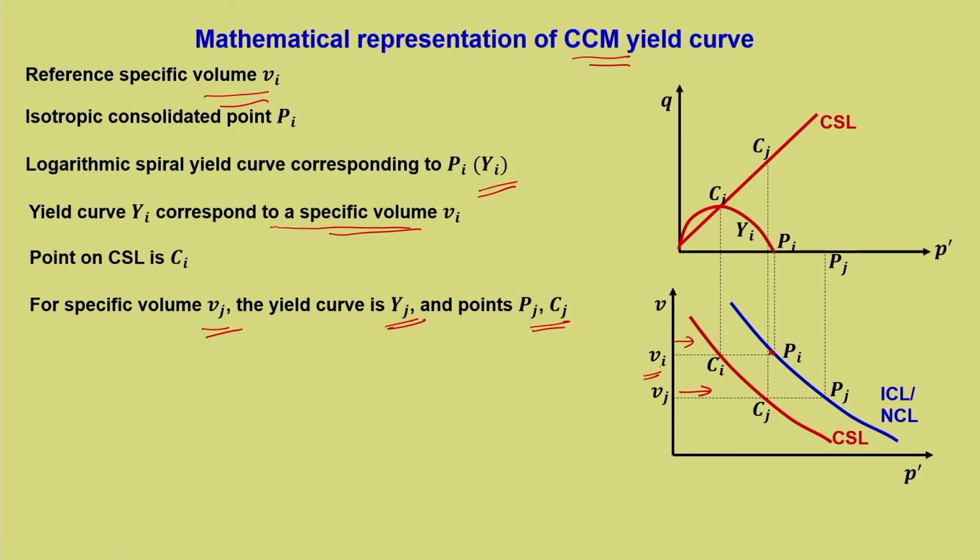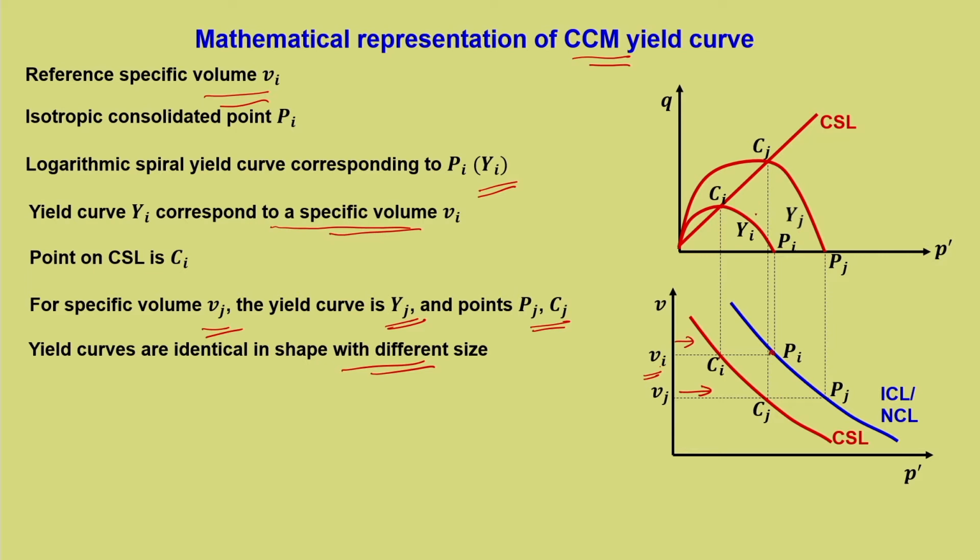So, that Cj will lie on the critical state line, and the yield curve will be like this. Now, yield curves are identical in shape with different size. The shapes of these two yield curves are very close to each other, but the size differs depending upon whether it is Vi or Vj.